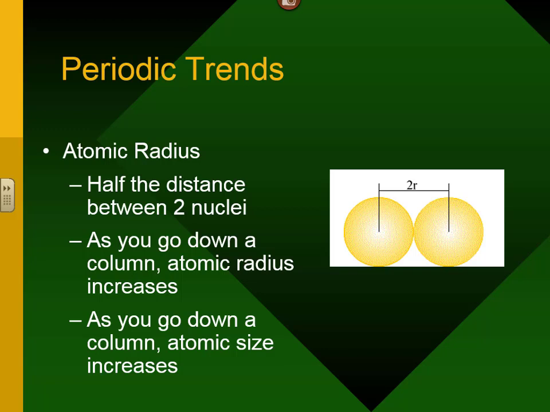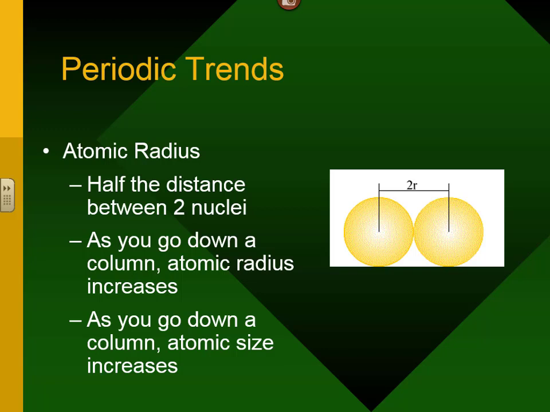If the radius is larger, the size of the atom is larger. So if I gave you 2 choices, which one is larger, oxygen or sulfur? Sulfur. How about carbon or germanium? Germanium. Seems pretty simple so far.